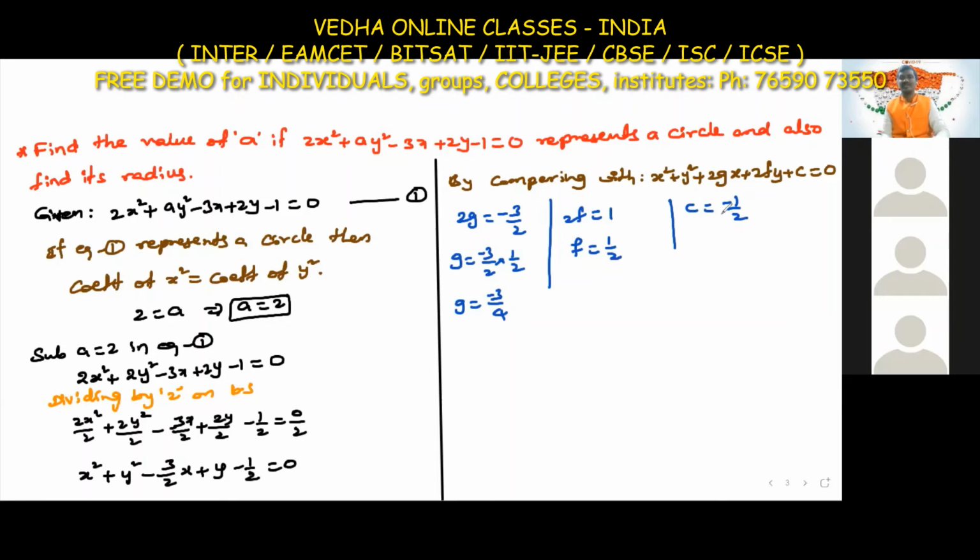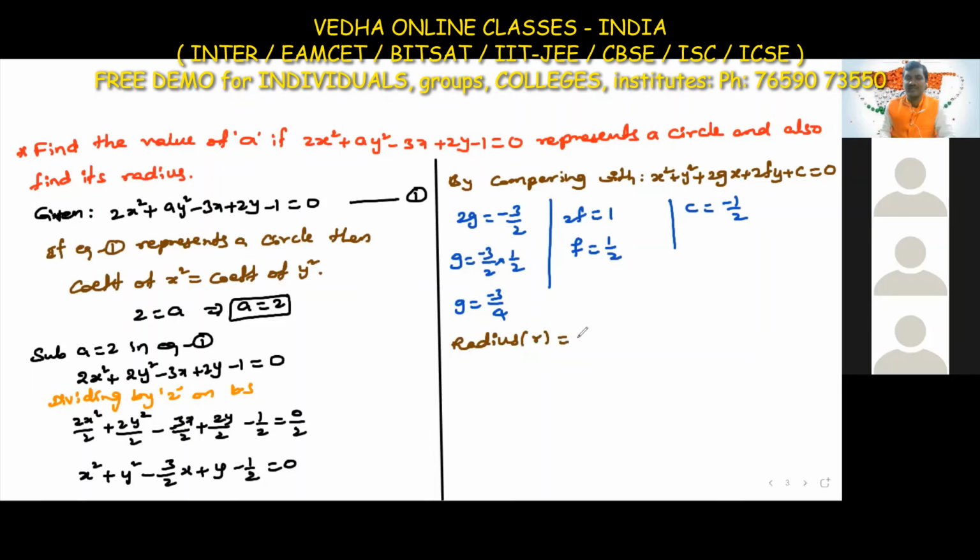After getting the g, f, c values, is he asking for the center? No. If he asks for the center, we find the center. Here he is asking for the radius. So what is the formula for finding the radius?